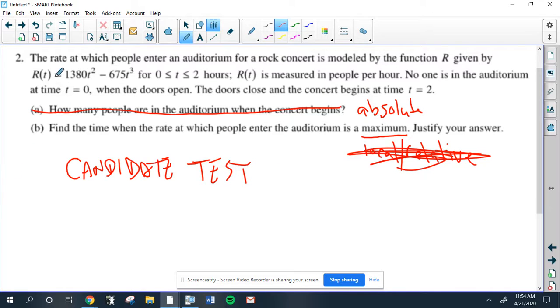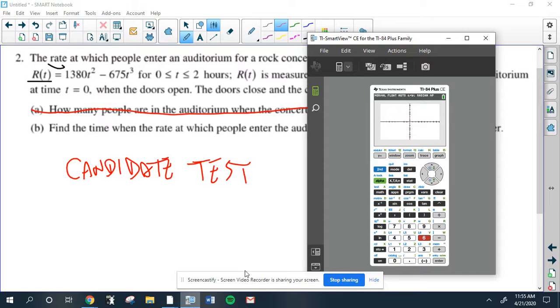They give R is the rate, so we have to figure out where this R is a maximum. The first thing we're going to do is look for the critical numbers. The critical numbers are where the derivative of the function is 0 or undefined.